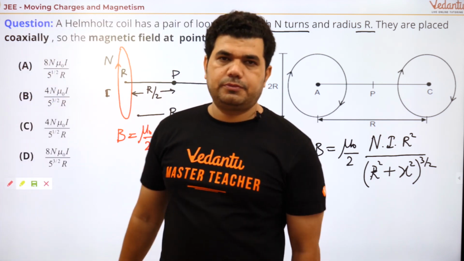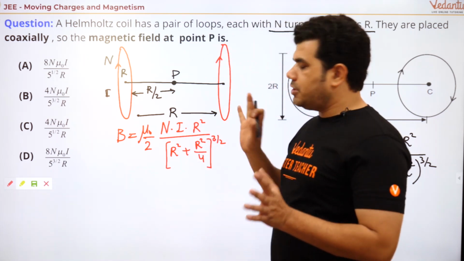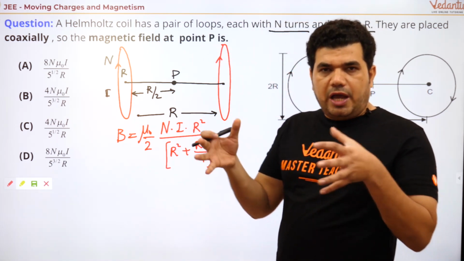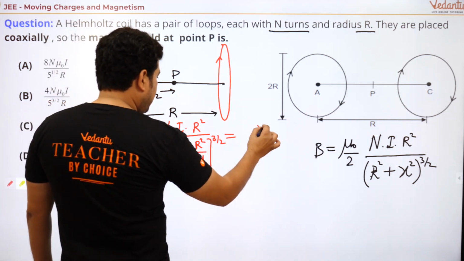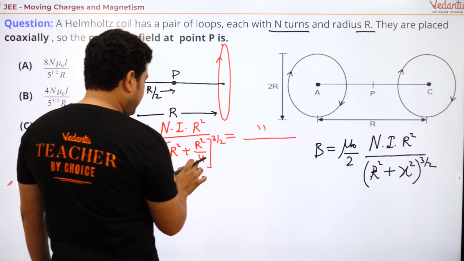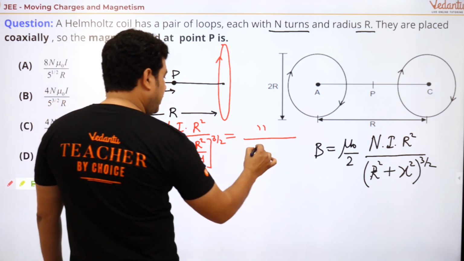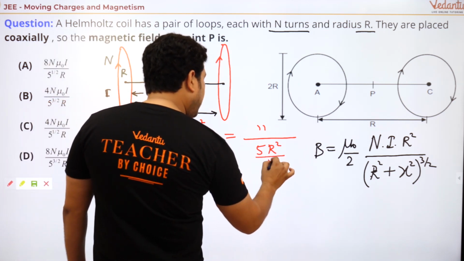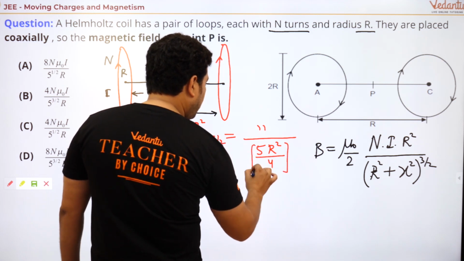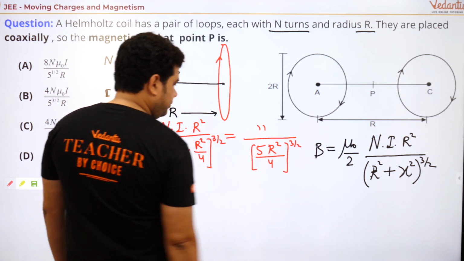Okay, right. So r square plus r square by 4 we have to add. Then what we'll get: this is the same here, and here we get 4r square plus r square, 5r square divided by 4, to the power 3 by 2.